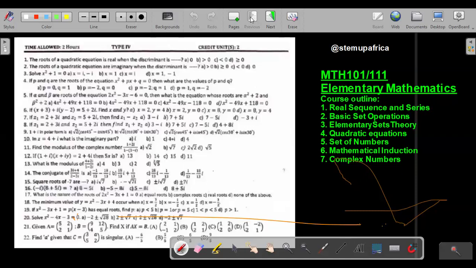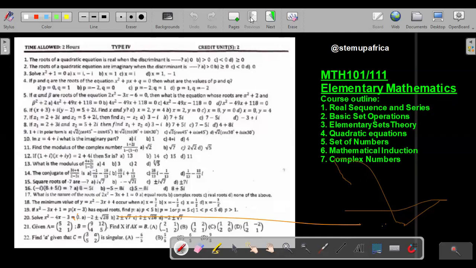Any questions? Yes, sir. Okay, sorry, my question might sound a bit basic. No, you are very free to ask. Like I said, this is just to help students. Okay, these questions we are solving now, what topic is it under? Okay, this is under the root of a quadratic equation.